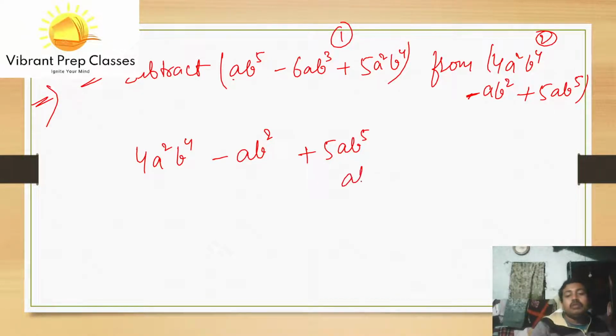So ab5 will be written below ab5 with a plus because nothing in front, minus 6ab cube. So as I told you, there is nothing like ab cube on the top, so we'll write minus 6ab cube over here, and then we see plus 5a square b4.